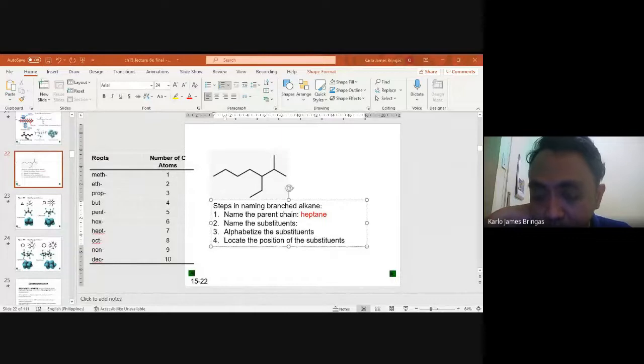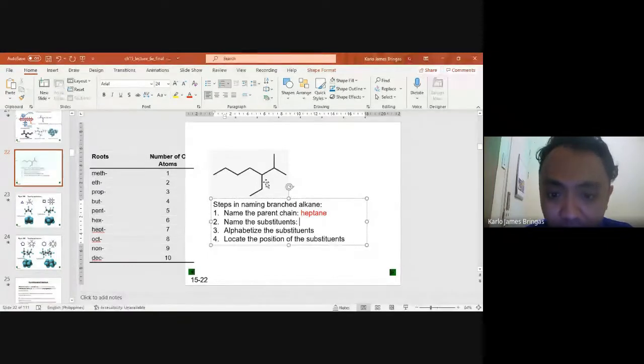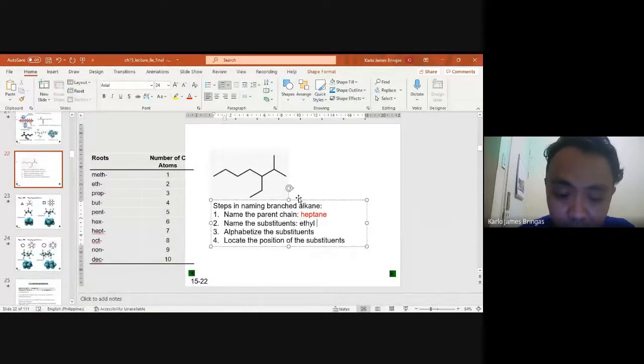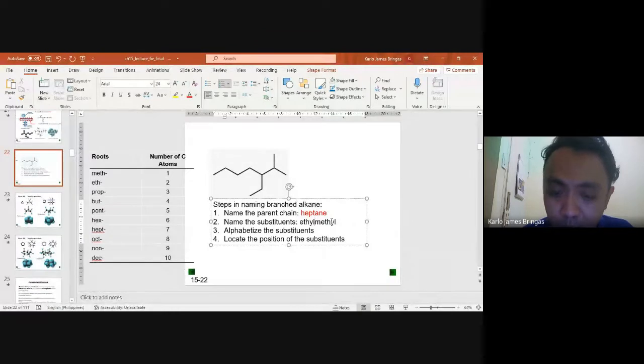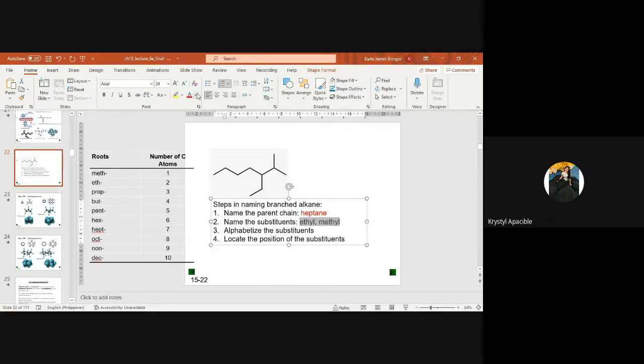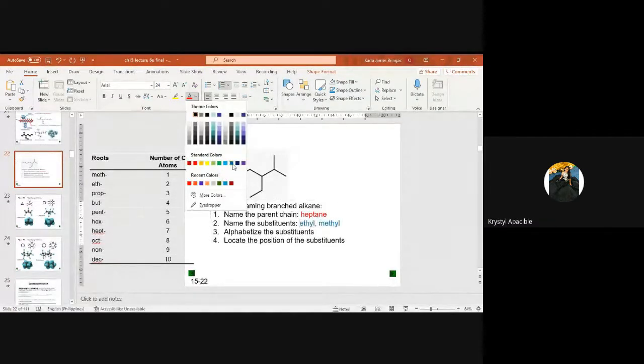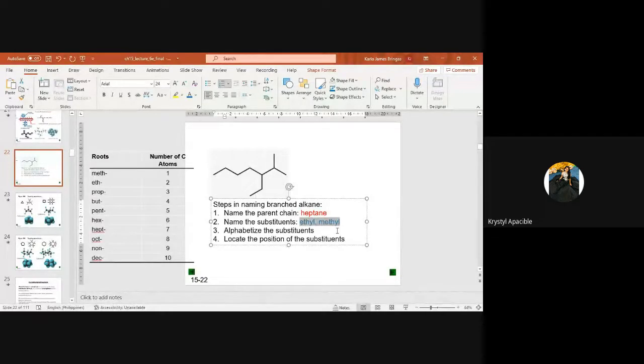Okay, so again, pag substituent, Stephanie, ang kanyang suffix is il, hindi in. So pangalan niya dapat is ethyl and methyl. That's already alphabetized for us. Mauuna si E before M.